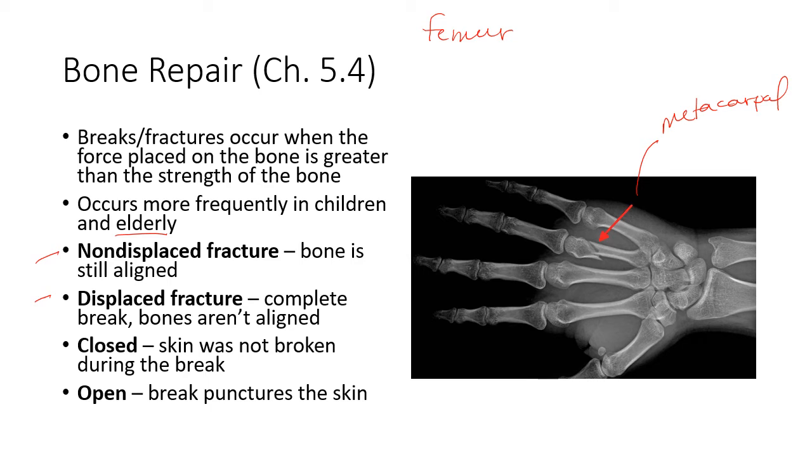Whereas in a displaced fracture, this is always from a complete break and the bones aren't aligned. In this x-ray, we would classify this as a displaced fracture because if you notice, the left-hand side of this metacarpal has shifted compared to the right-hand side. And it looks like this is a complete break through that hand. So I would classify that as a displaced fracture versus a non-displaced.